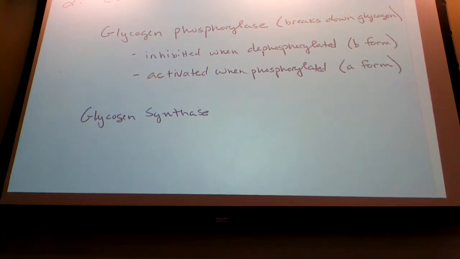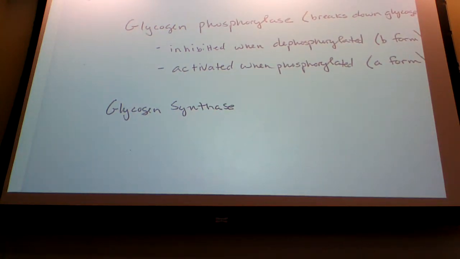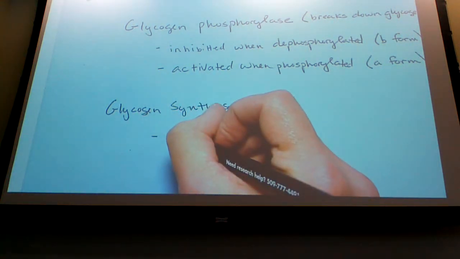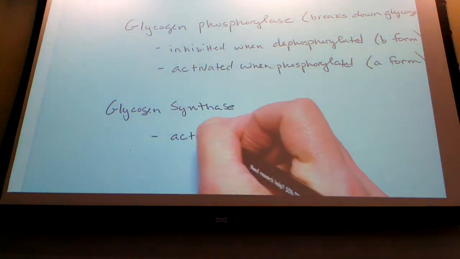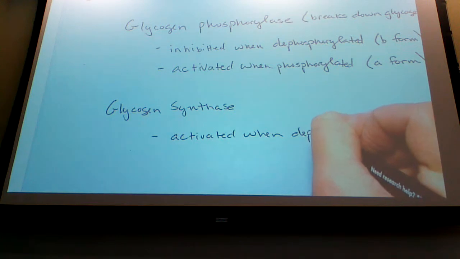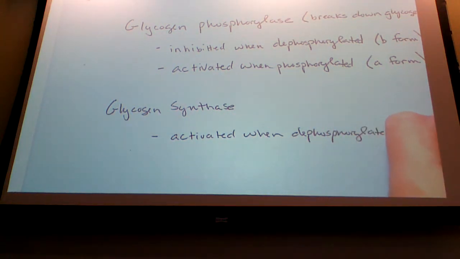It is controlled by basically the same kind of phosphorylation pathway that we're going to talk about, and so it's exactly backwards. This one is activated when dephosphorylated, and this activates the A form.